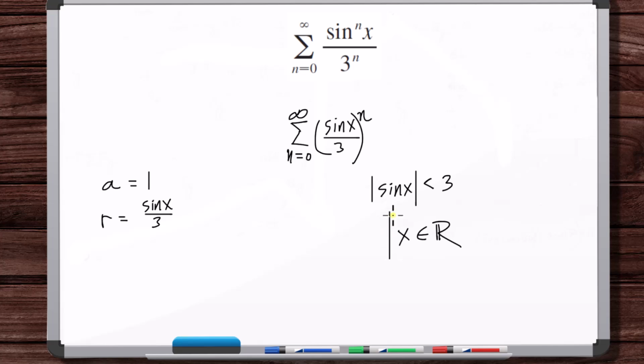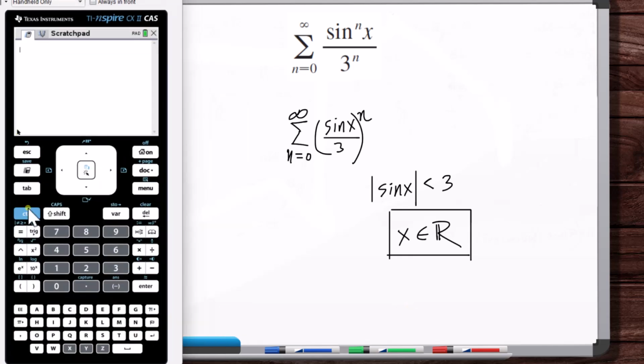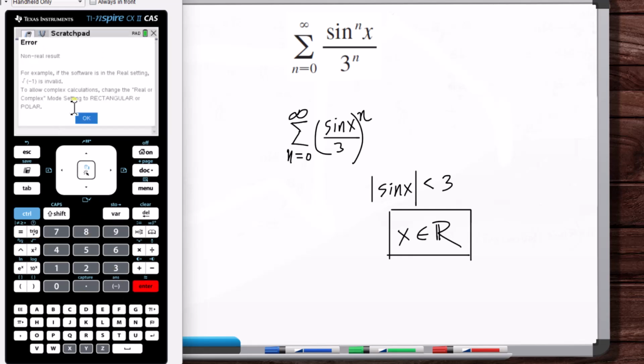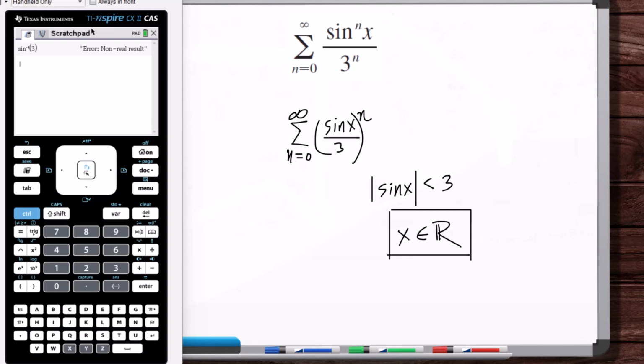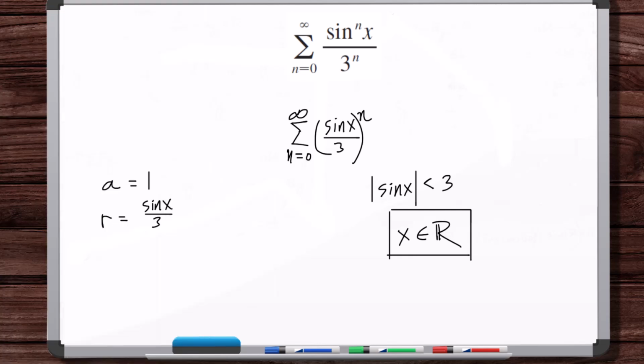Like if we tried to evaluate the inverse sine of 3, it would probably give us an error, because you're only going to get values between 1 and minus 1.